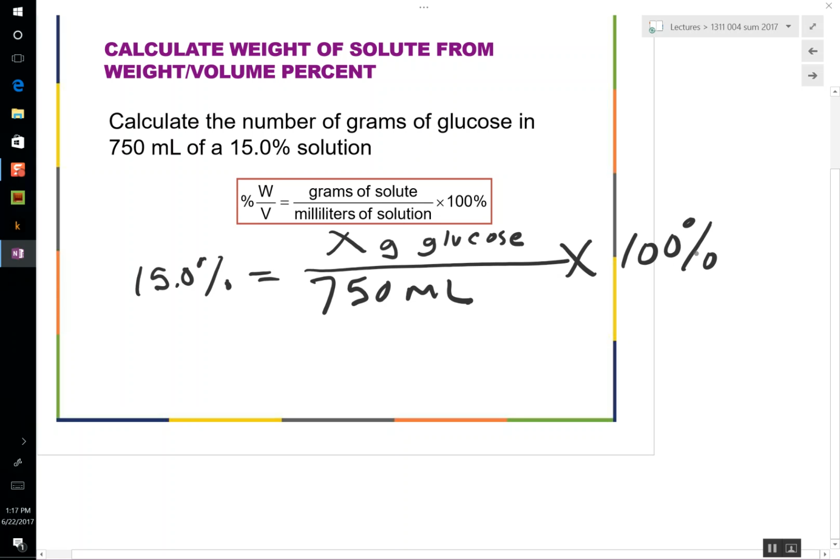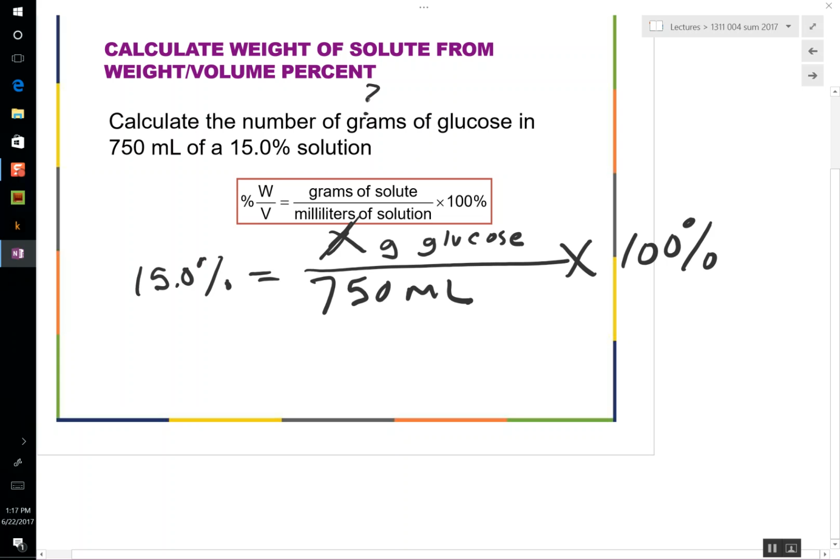So there's your unknown. It's saying calculate the number of grams of glucose. Here's the situation where you want to make 750 milliliters of a 15% glucose solution. How am I going to make it? Well, I have to calculate how many grams.